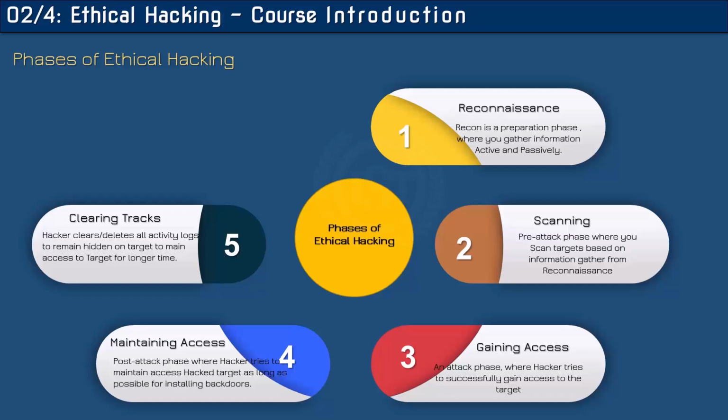That will break the access of the hacker who is remotely accessing your computer or your network. So that is why hackers clear the tracks or clear the log files whenever they have successfully hacked into a target network or system. We will discuss more about these phases, as all these phases are an ethical hacking course in themselves.